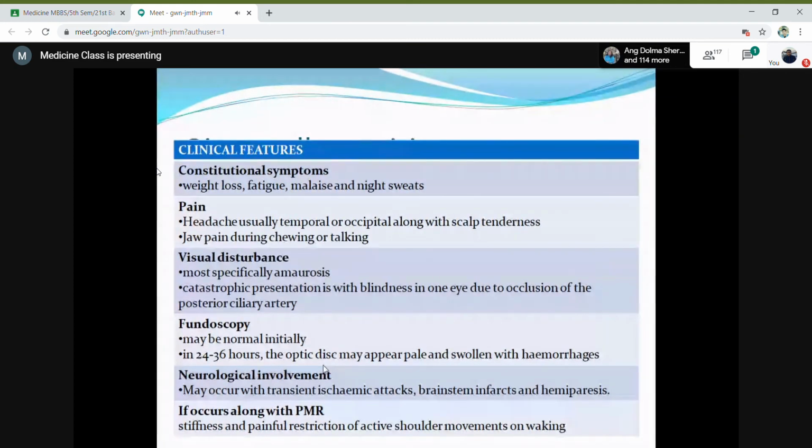Fundoscopy may be normal initially, but after 24 to 36 hours there may be a pale and swollen optic disc with some evidence of hemorrhage as well. Neurological involvement may occur in the form of transient ischemic attack, brainstem infarct, and hemiparesis. These are the features of giant cell arteritis, but if it occurs with polymyalgia rheumatica, there can be stiffness, pain, and painful restriction of shoulder movement on waking as well.